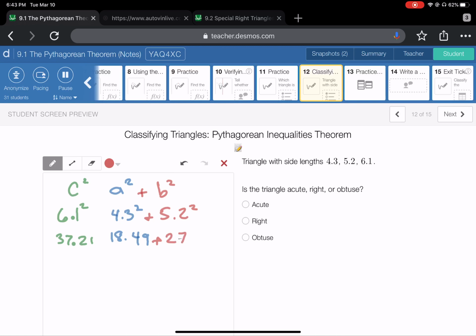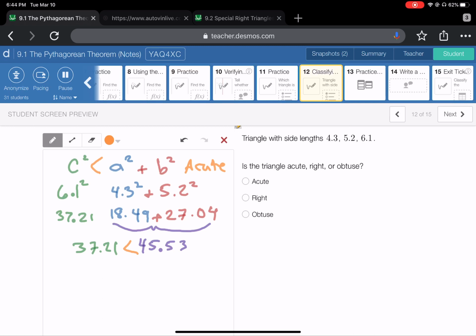So our c squared is less than our a squared plus b squared. When this happens, we obtain an acute triangle. When c squared is less than a squared plus b squared, we have an acute triangle.